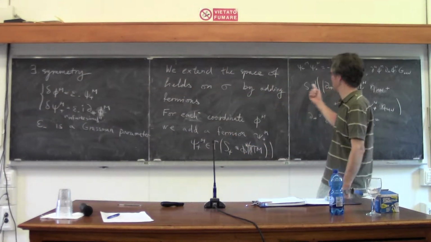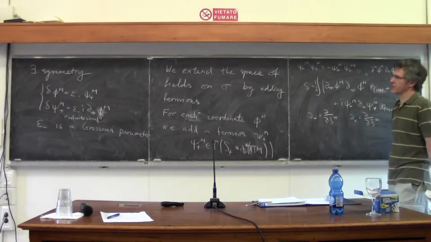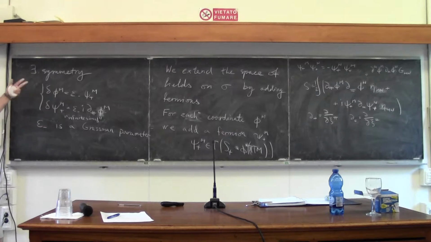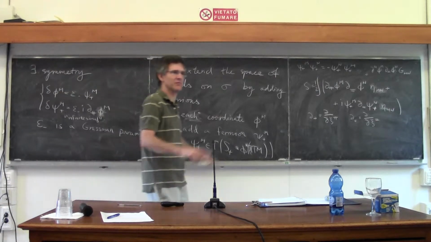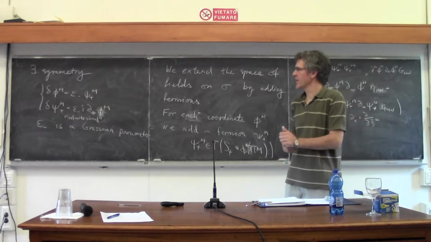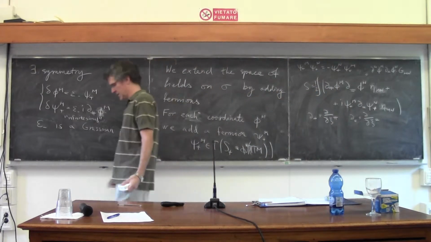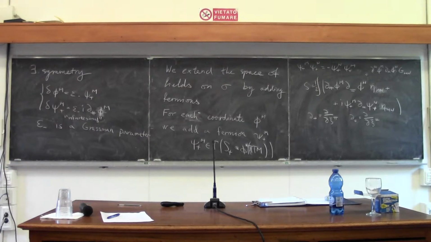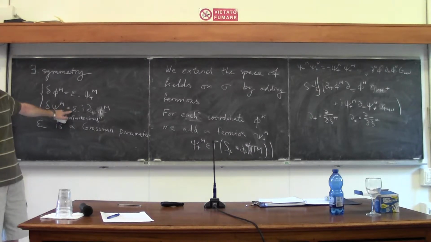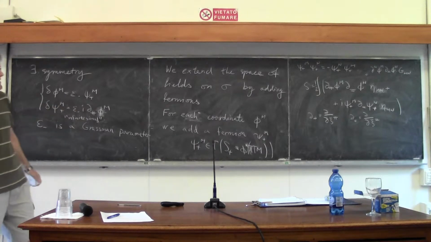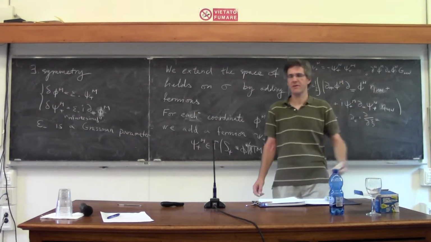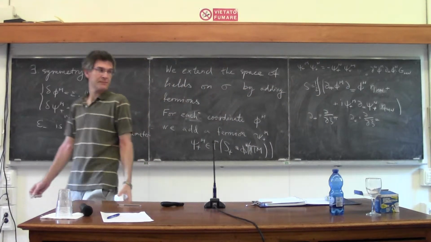So when you verify things, you work to first order in epsilon. There are no second order terms anyway because it's Grassmann. It plays the role of the transformation parameter. But the fact that it's Grassmann is important because it gives you some important minus signs when you anti-commute it with the fermions, other fermions.